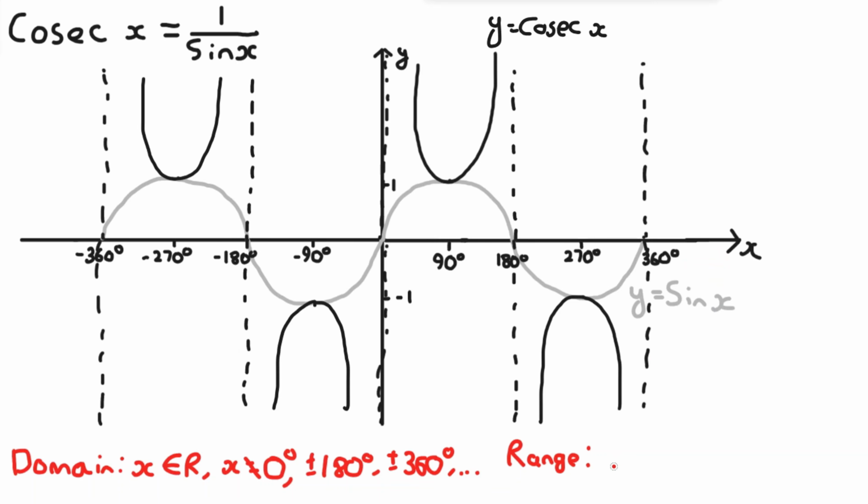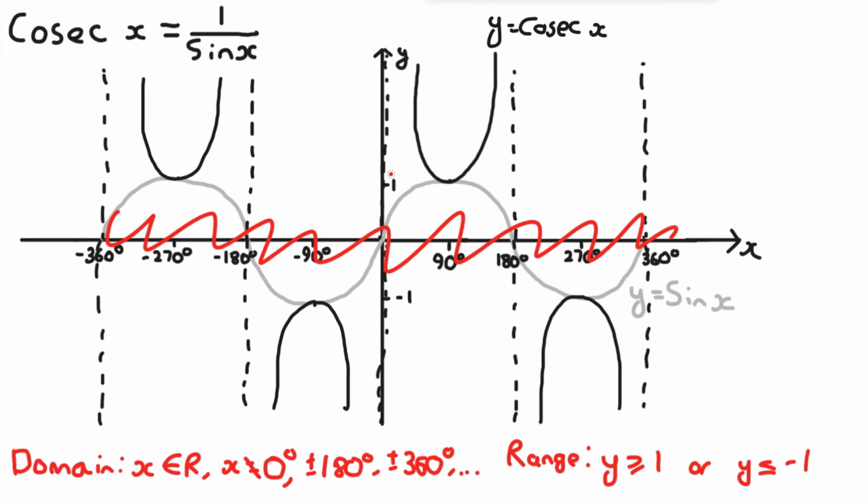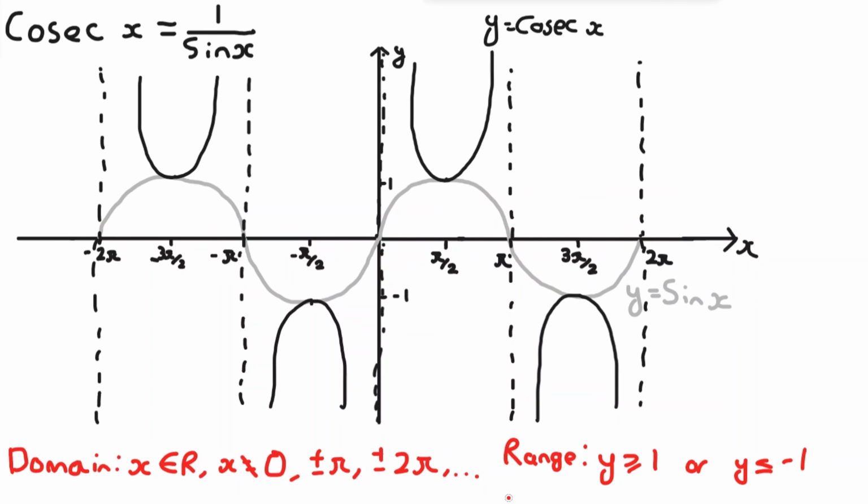And then the range is the same as before. y has to be bigger than or equal to 1, or y has to be less than or equal to minus 1. There is still no graph in this section here between 1 and minus 1. And again, this could be in radians as well, with the domain now being all real x values except when x is equal to 0, plus or minus pi, plus or minus 2 pi, and so on.